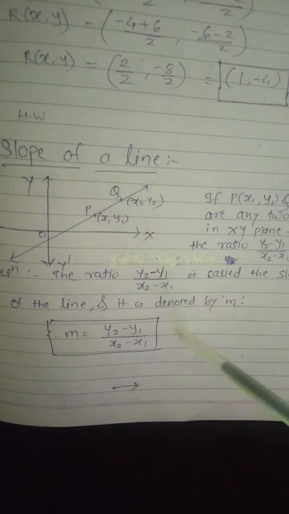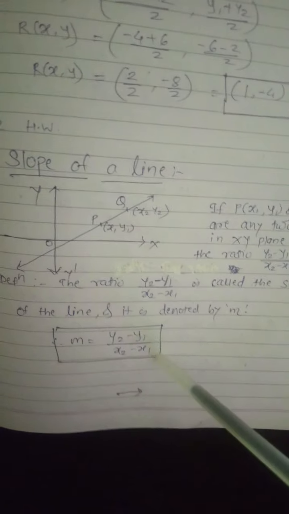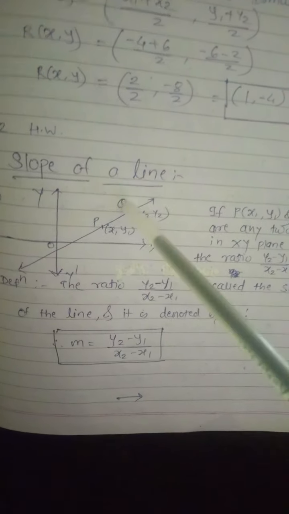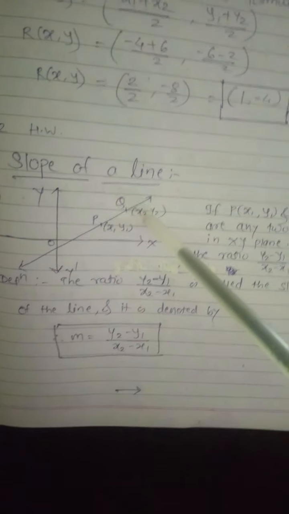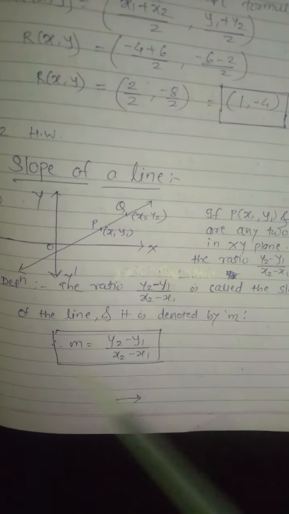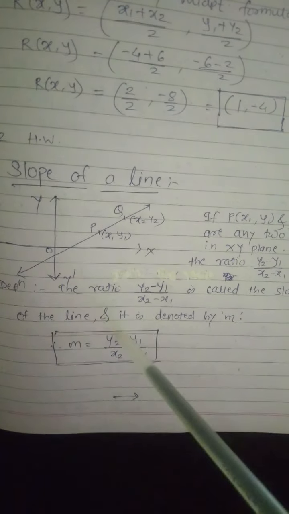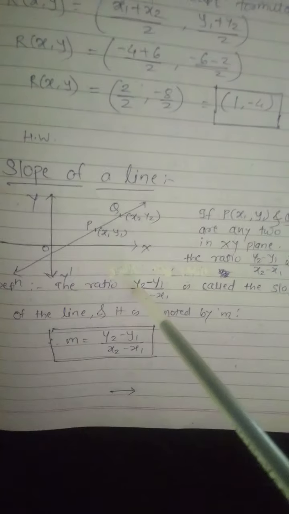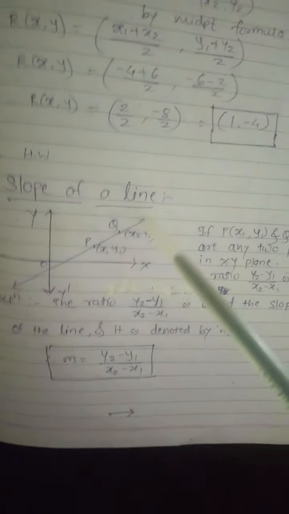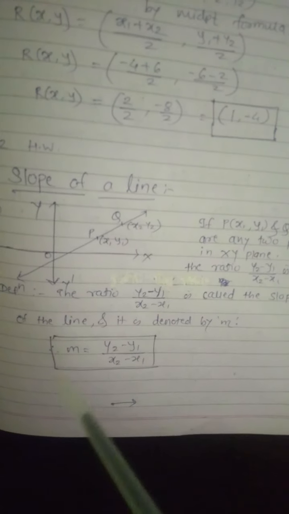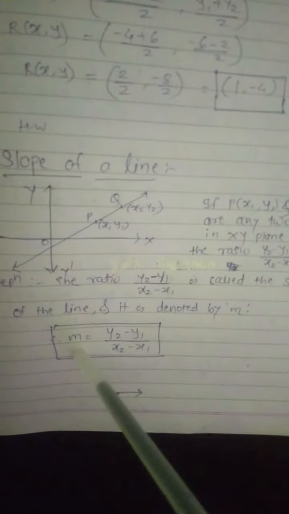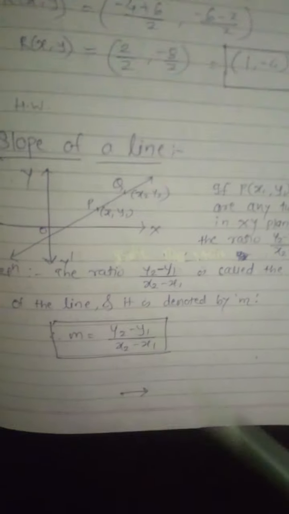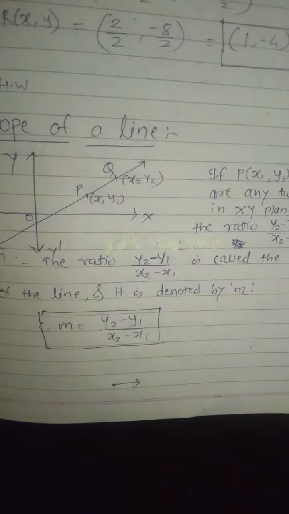So we get the formula of the slope of the line, that is m is equal to (y2 minus y1) upon (x2 minus x1). If we are given 2 points, then to find the slope of the line we have to use this formula, m is equal to (y2 minus y1) upon (x2 minus x1).